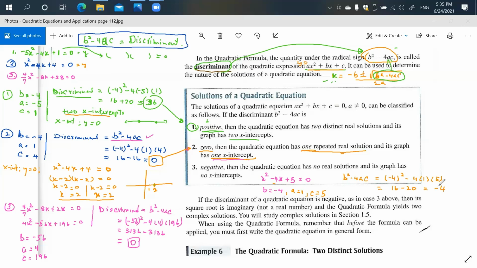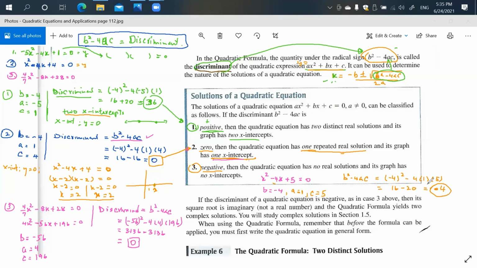Now you see this. Right now this example comes with a negative sign, okay? It's a negative 4. So then this one matches number 3 here, because this will become negative. So this means no x-intercept or no real root, no real solution.